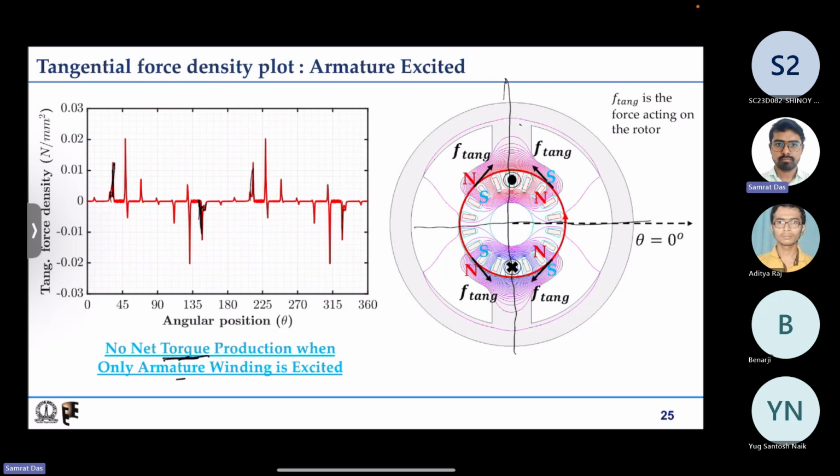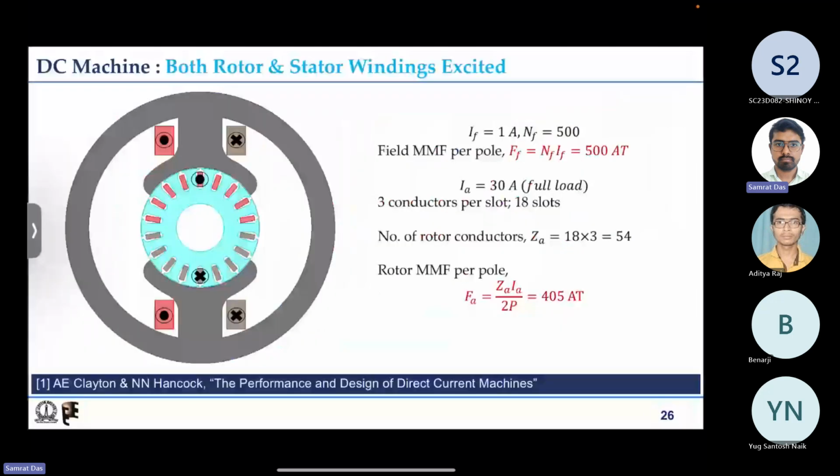Now for the first time we are going to see what happens if two fields exist simultaneously, how they interact, and how that translates to force production. If that is done for the other machines also, we will get similar results: if only one field is excited, there are some radial forces and some tangential forces, but they cancel each other so that there is no torque.